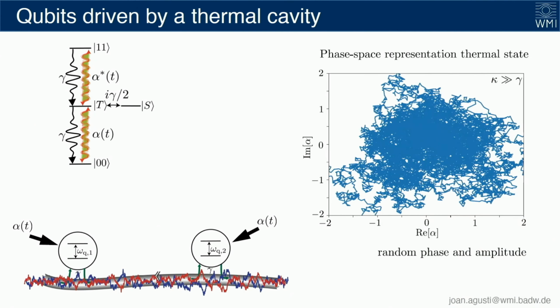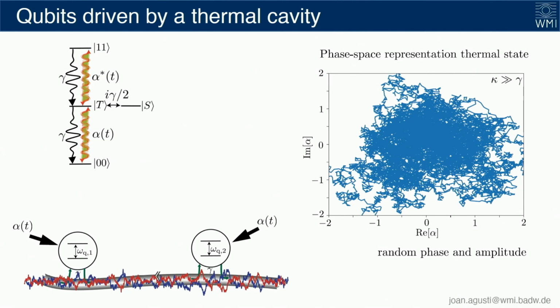In the Markovian regime, where the dynamics of the source is really fast, the phase space representation of the thermal cavity is just a mess. Just some randomized phase and amplitude, so there's no coherence at all. It makes sense that the qubits are thermalizing and there is no room for any coherence.